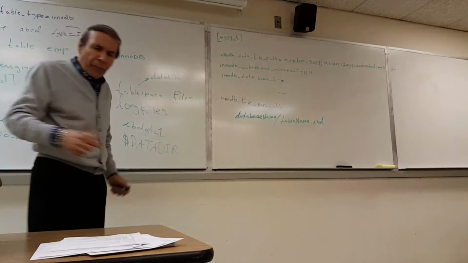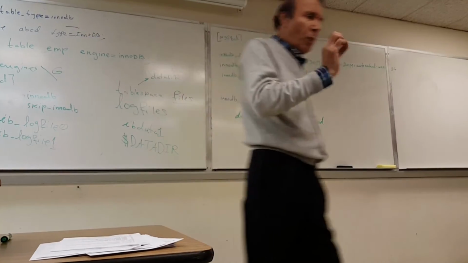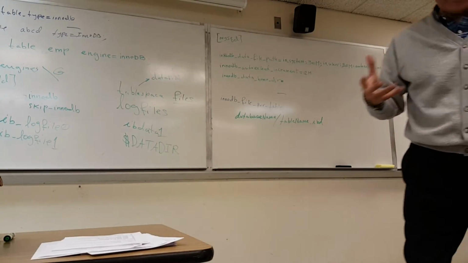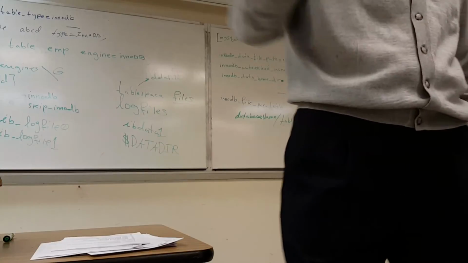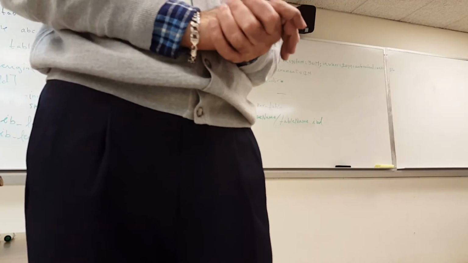Now, let me give you a little information about partition. When you are installing your operating system, let's say Linux, part of the installation is formatting the hard disk and creating as many partitions as you want.